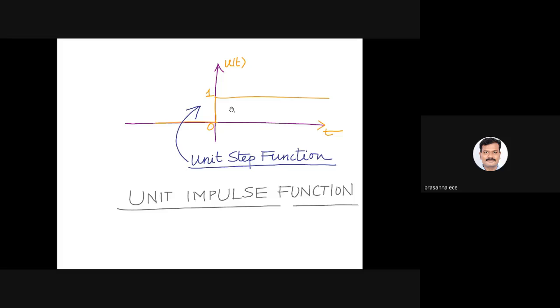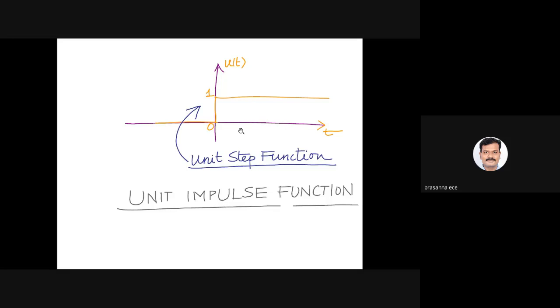When you make a shift in t, that is when the t inside this unit step is changed to t minus t naught, the function shifts to another place. Suppose here we have t naught, so the entire step is shifted to that value.